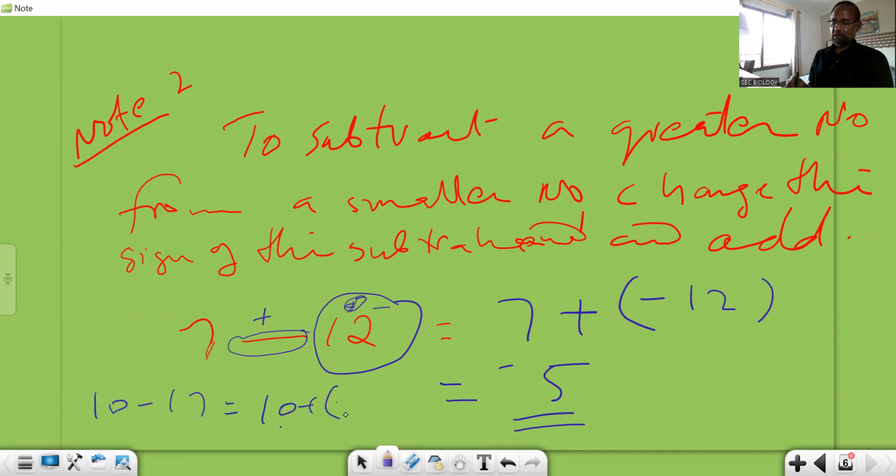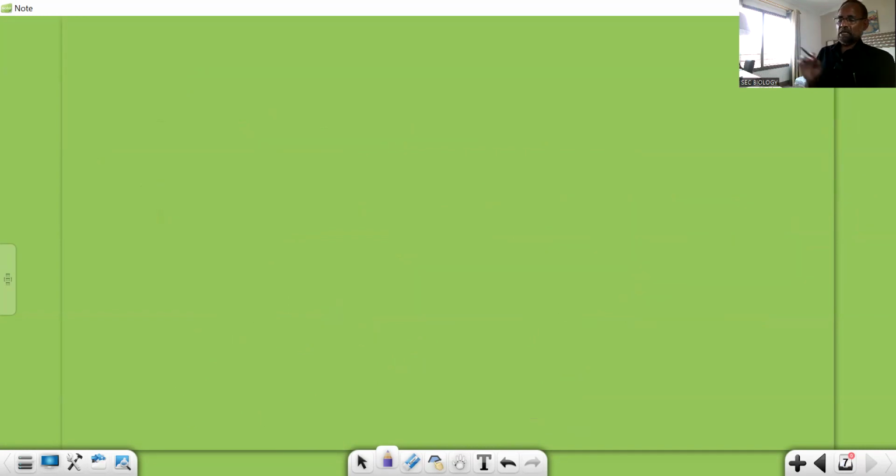That means 10 plus minus 17, that is minus 7. Are you following or not? To subtract a big number from a smaller number, 17 is bigger, 10 minus 17 is minus 7. Okay, fine. Any confusion?